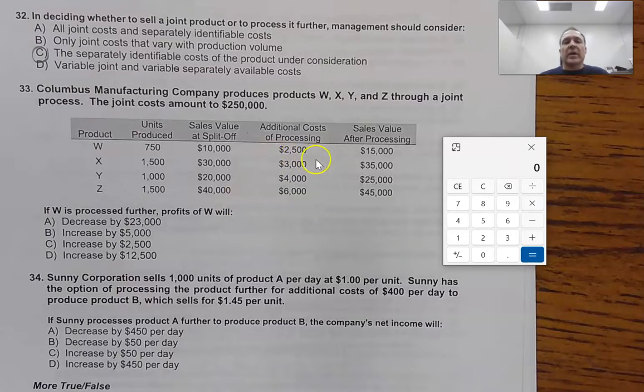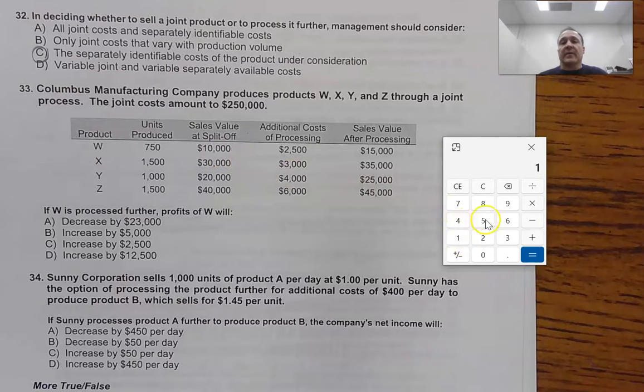We have to recognize that we're going to incur $2,500 in cost. Okay. We also have to look at this column right here where it says sales value after processing is $15,000. Well, it was already worth $10,000. So what we're talking about here is an example of differential revenue. What is the difference? $5,000.